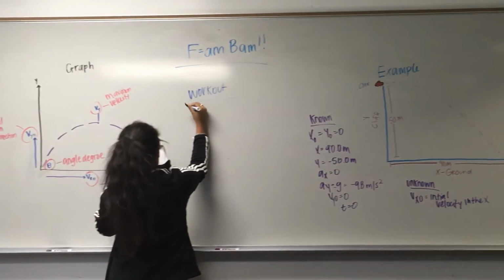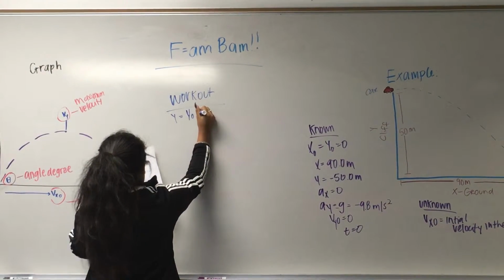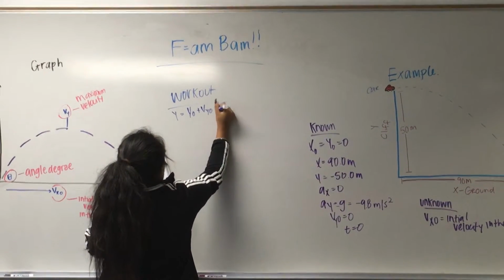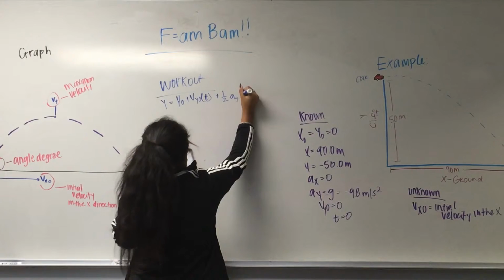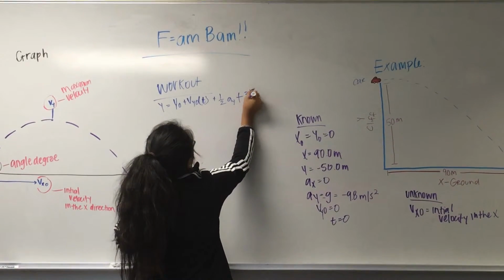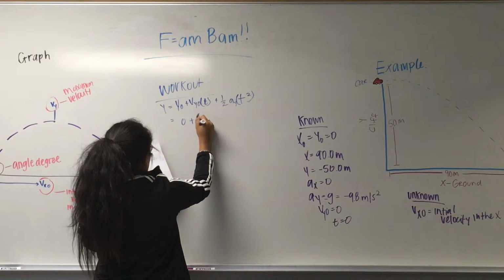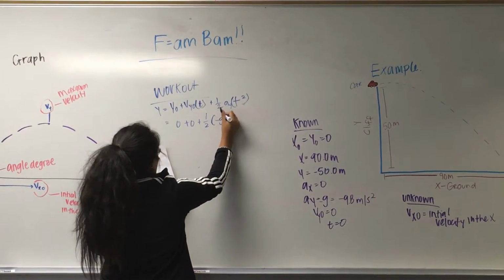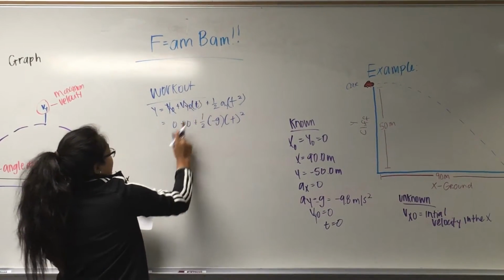Alright, so equation 1: y equals y naught plus vy naught times t plus 1/2 acceleration in the y times t squared, which then equals 0 plus 0 plus 1/2 negative g t squared. Since we don't have any of these, we can just cross them out.